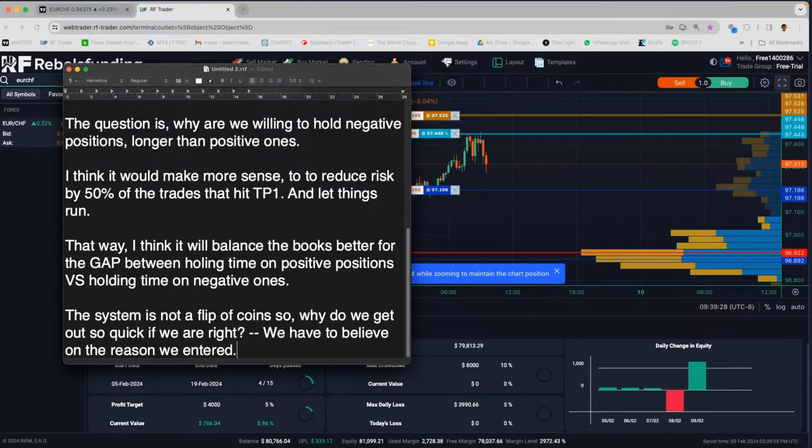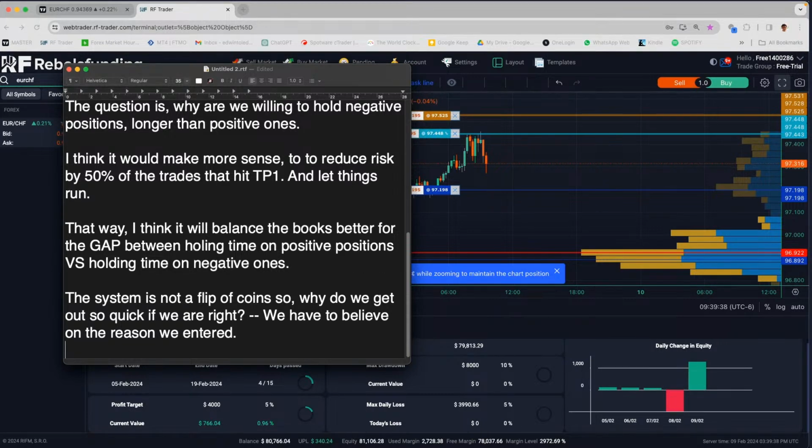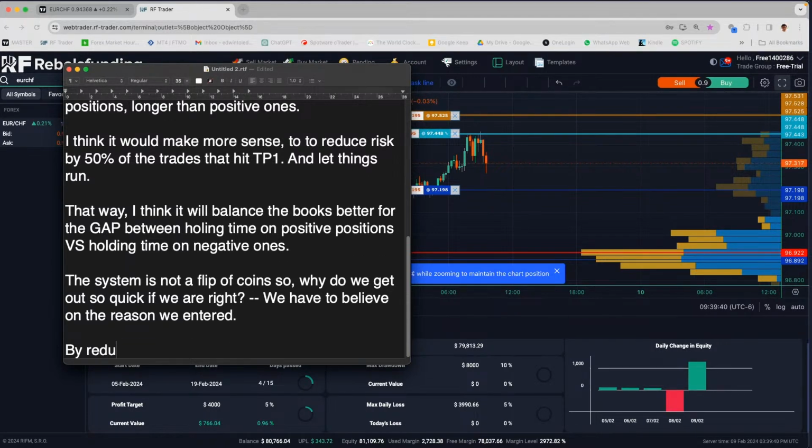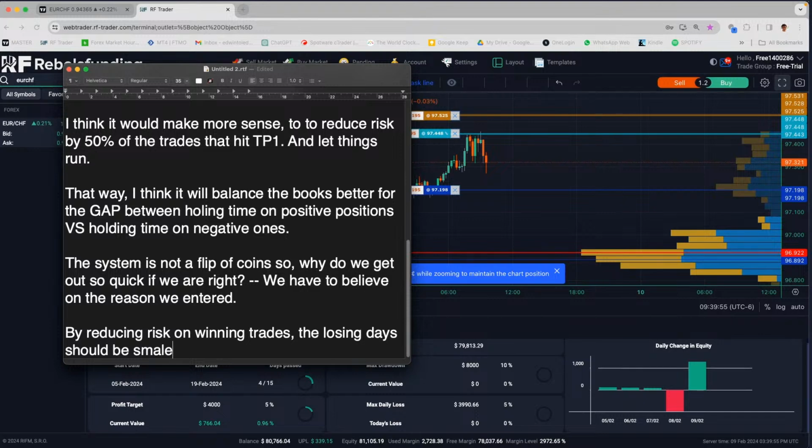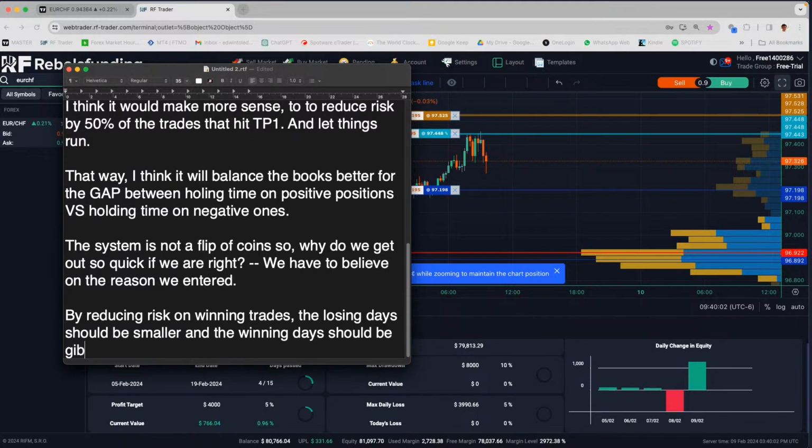So I think by reducing risk on winning trades, the losing days should be smaller and the winning days should be bigger.